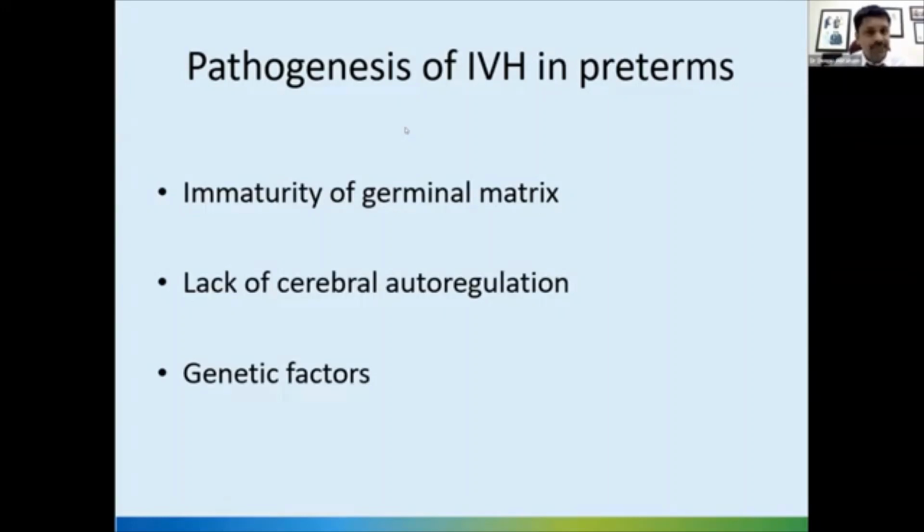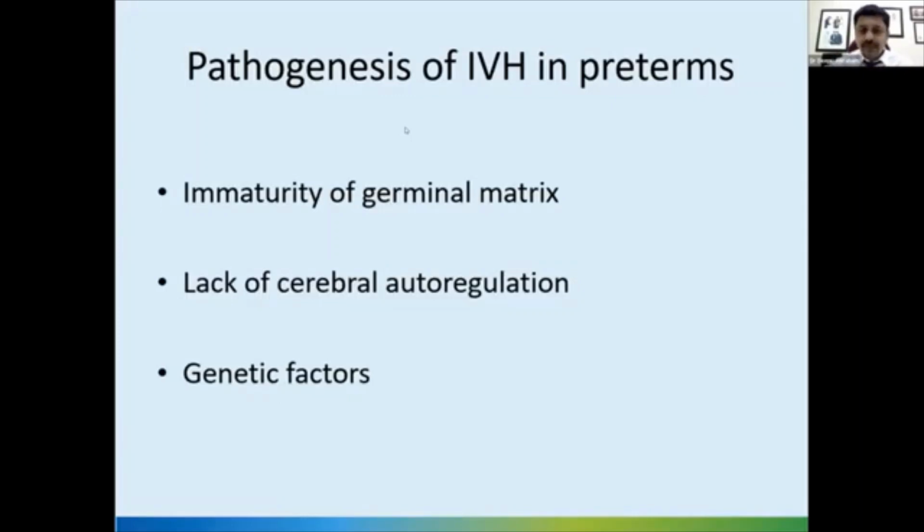So in our typical extreme preterm babies who have RDS, who are going through mechanical ventilation, who needed resuscitation, who tend to have blood pressure variations, who have fluid boluses, all of these impact on the cerebral vasculature, resulting in the bleed.